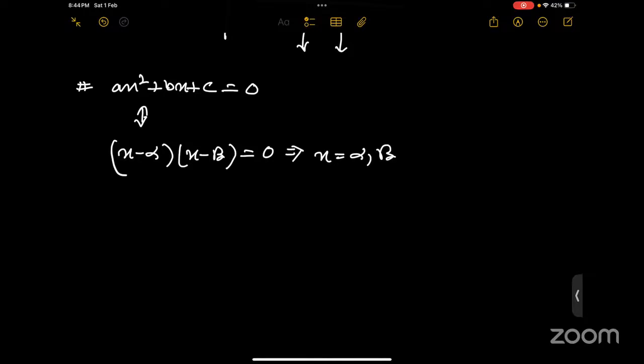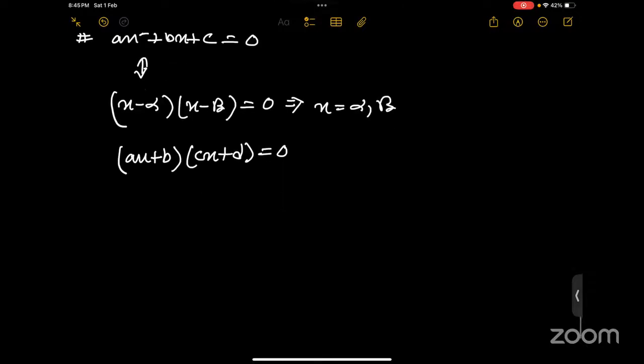Suppose we have ax plus b times cx plus d equals 0 as our quadratic equation in factorized form.